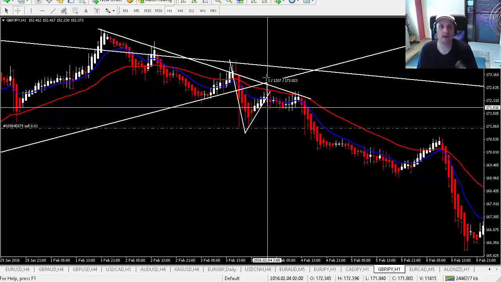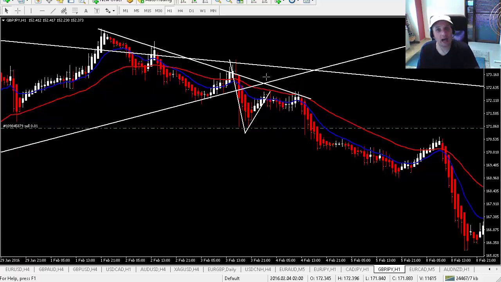Basic rules. Now you have a 120 pip stop maximum, from 100 to 120, half of what we had on the 4-hourly. You can even go down, I won't do it here, to a 5-minute chart, or some people like to use a 50-minute chart and find a setup there, as long as you do it below your 2 to 3 line break on the daily chart.